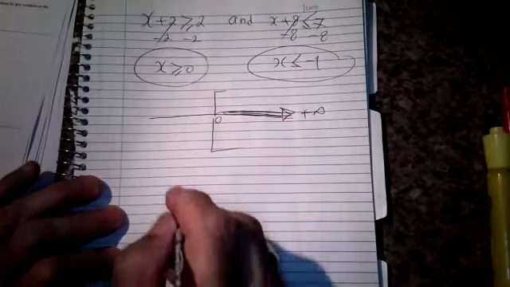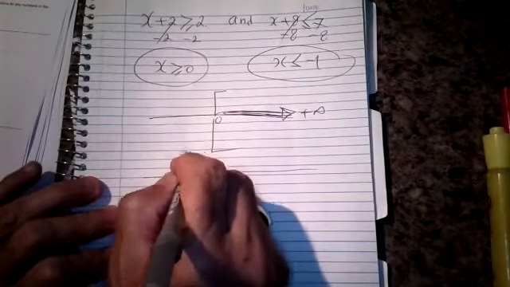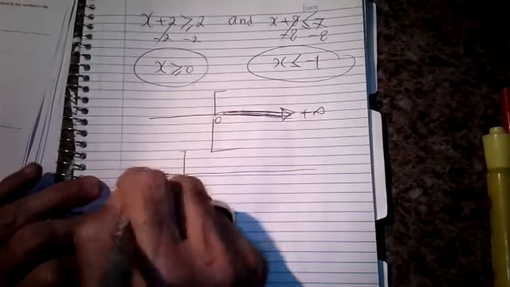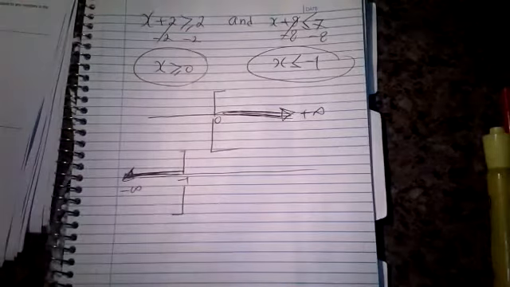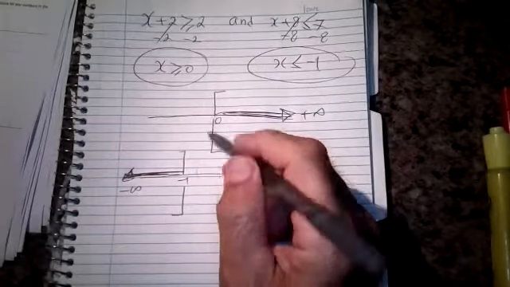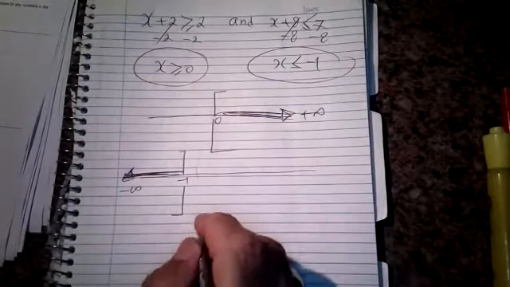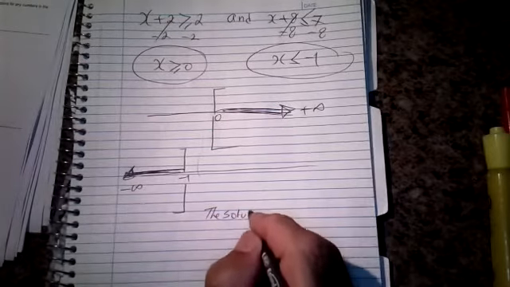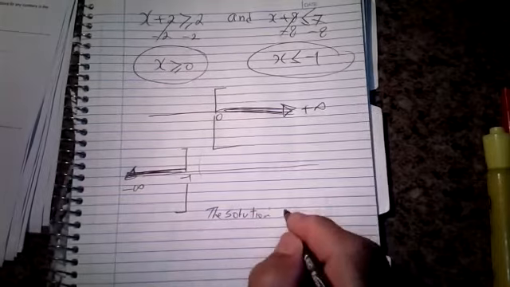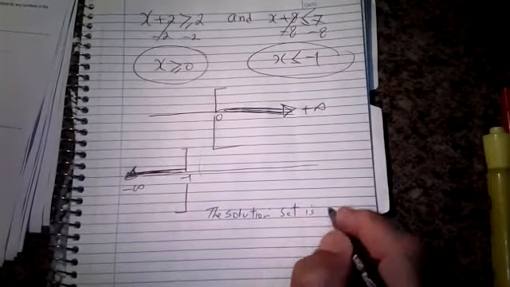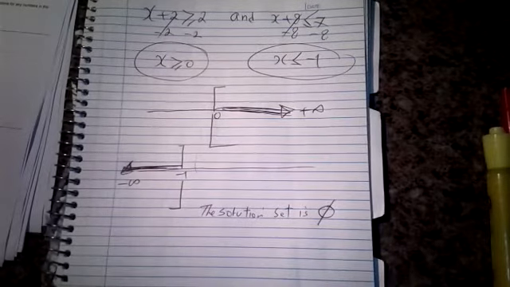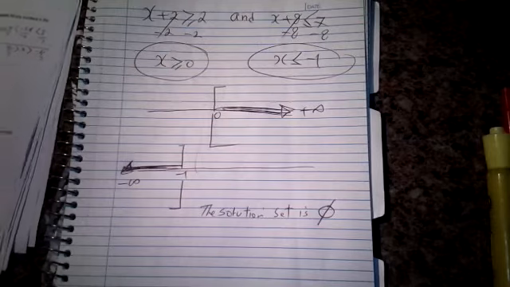X greater than 0. And this one, look. When you overlap these two, they don't have any intersections, see? So the solution set is what? It is empty. They don't have any intersections. They don't have any common set. They don't share any sections together.